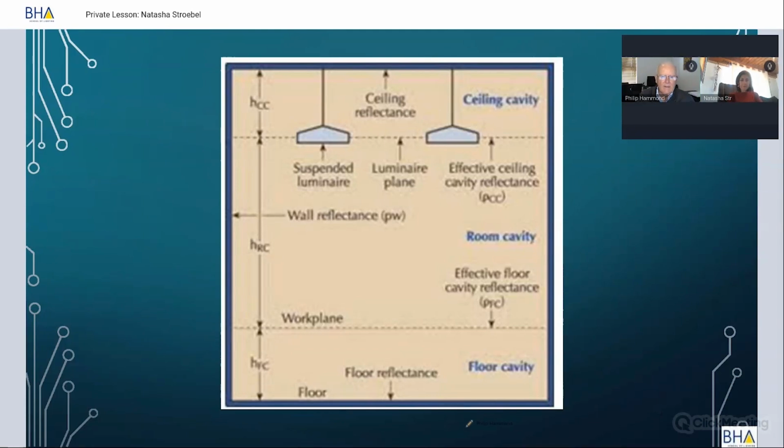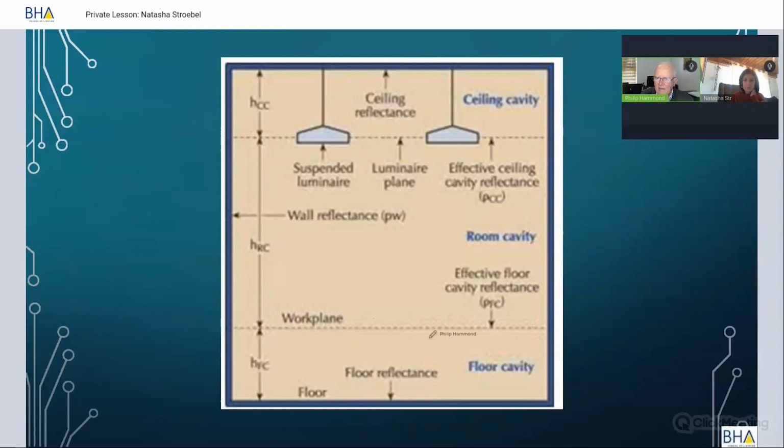All right. If we measured the light on the floor, our floor cavity would be, what would the value be? It would be 0. But the normal thing that we do is we always measure the working plane.